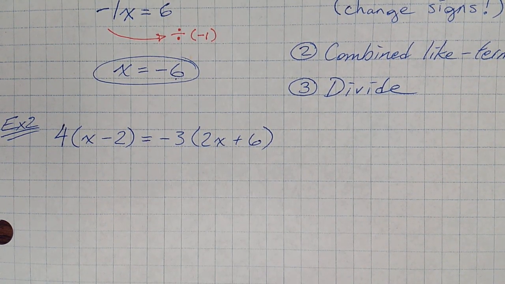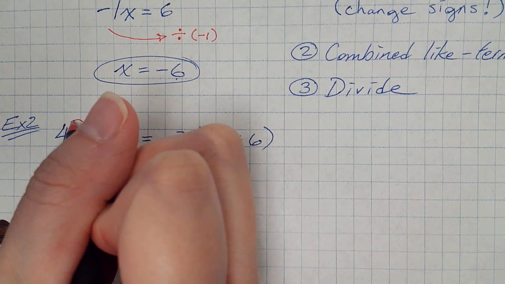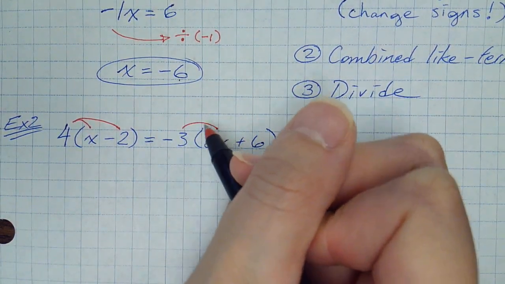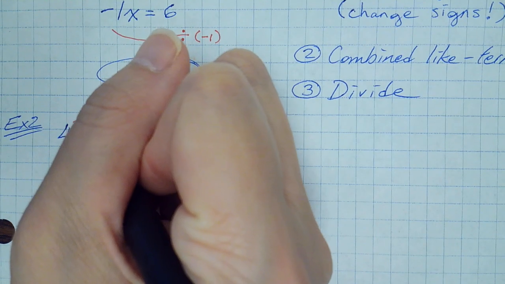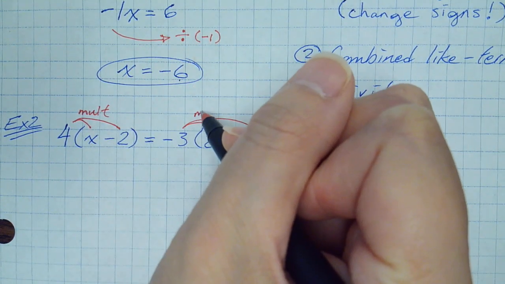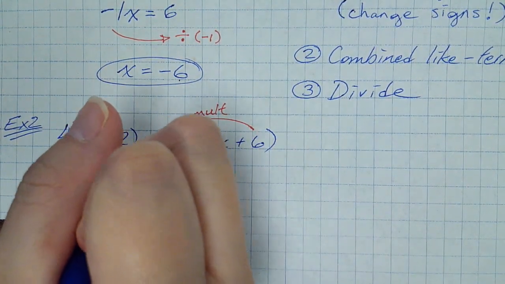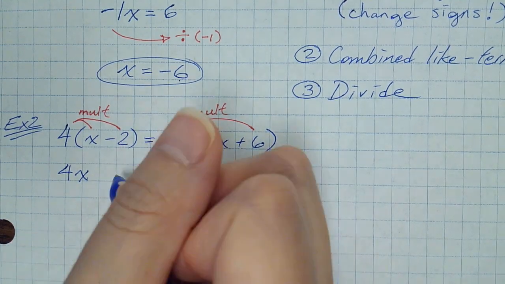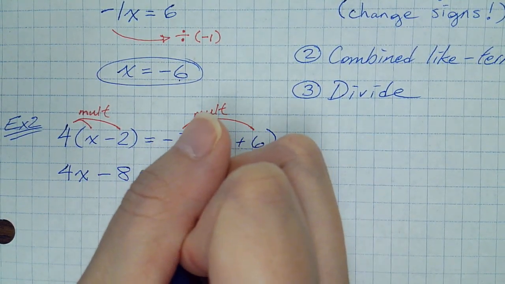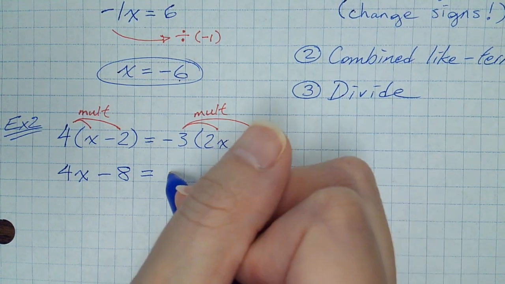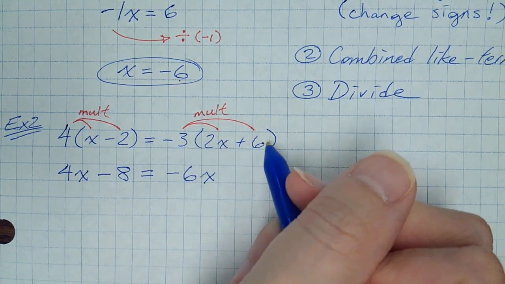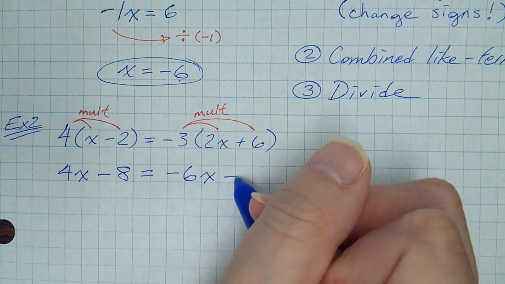Maria, what's my first step? First step is to multiply the 4 with its bracket. Right, distribute, which means I multiply, multiply, multiply. So distribute first. 4 times x, 4x. 4 times negative 2, negative 8. Equals negative 3 times 2x, negative 6x. Negative 3 times positive 6, negative 18.